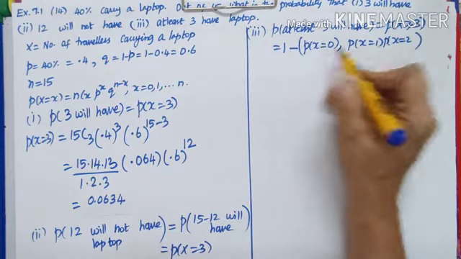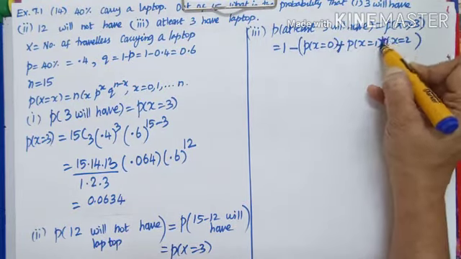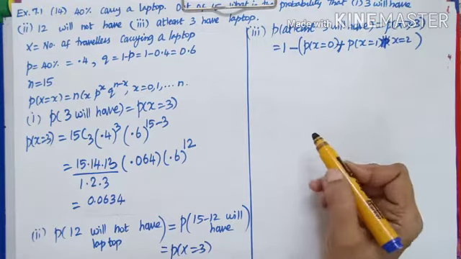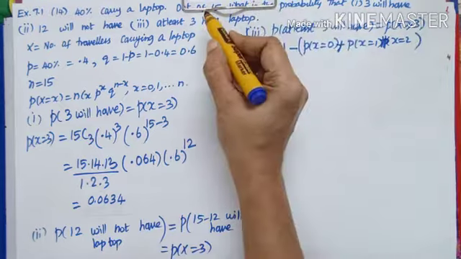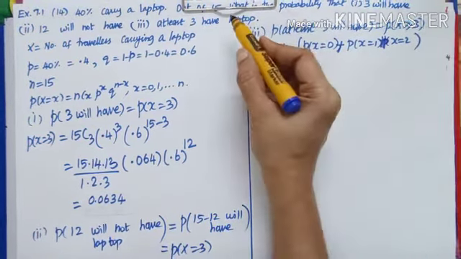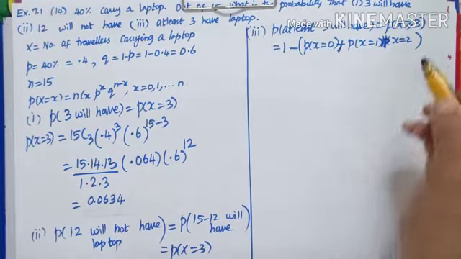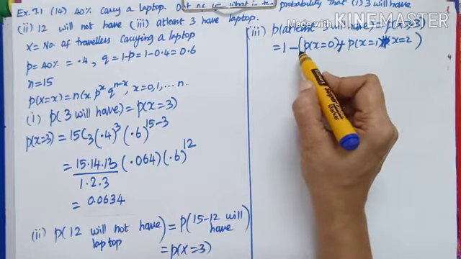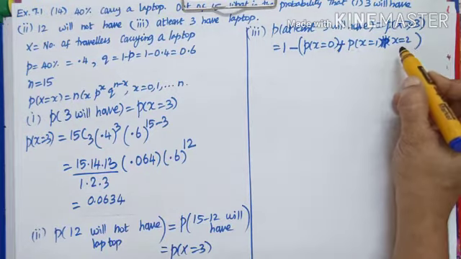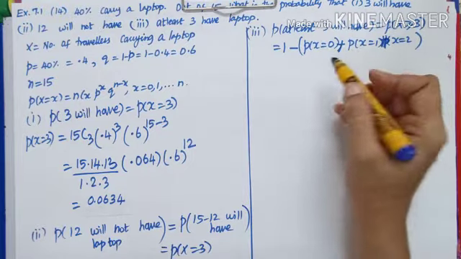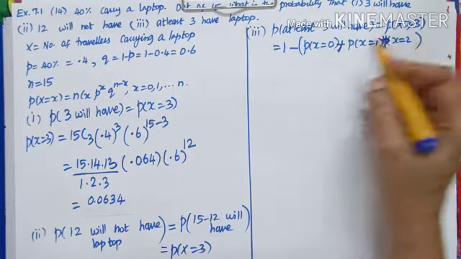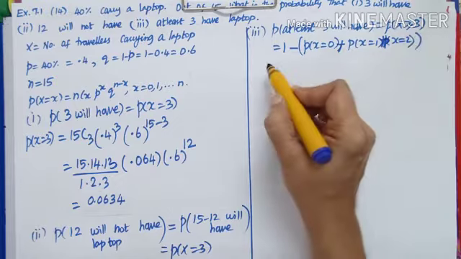So, I want from 3 to 15. Finding 3 to 15 is difficult. Instead, 1 minus what we don't want. So 0, 1, 2 I don't want. Let me subtract from 1.